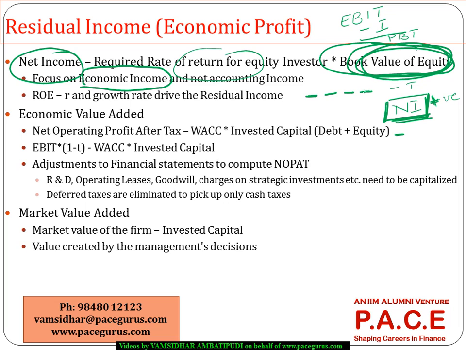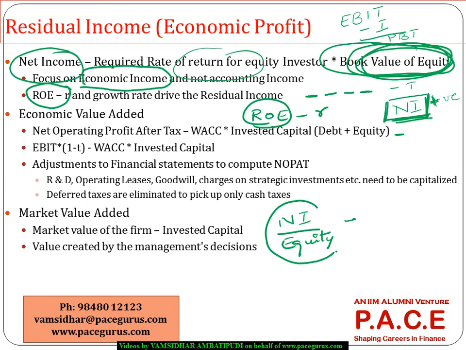If the security is going to exceed the expectations for the next few years, obviously the investors would be more interested in buying it, and the value of the security is typically planned to go up. So that's where we say ROE minus R is the key determinant, because ROE is purely based on the net income divided by the equity capital, minus R. R is the required rate of return.